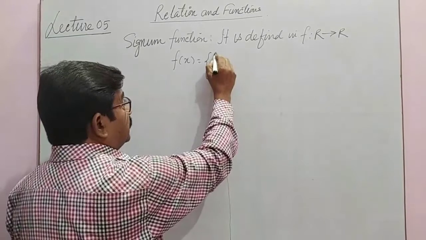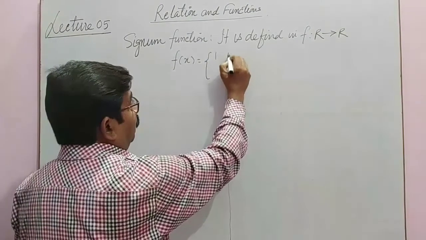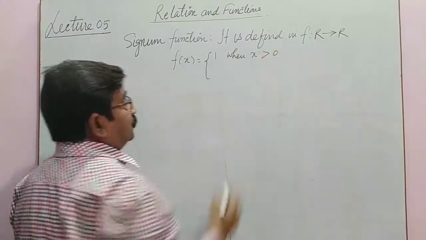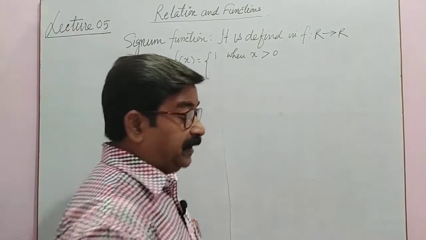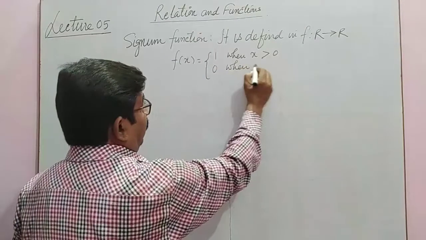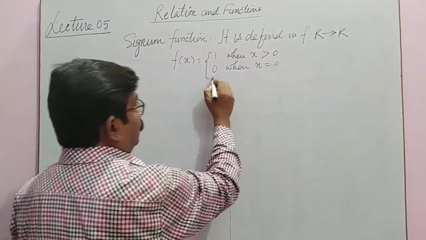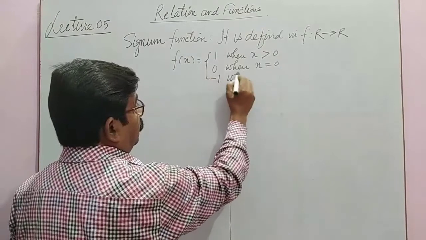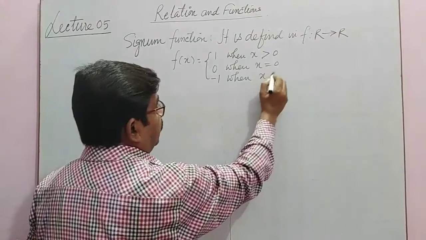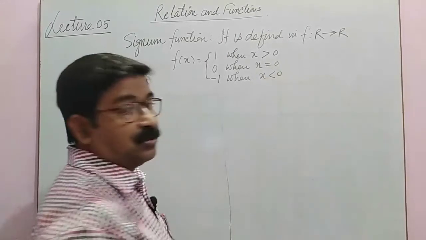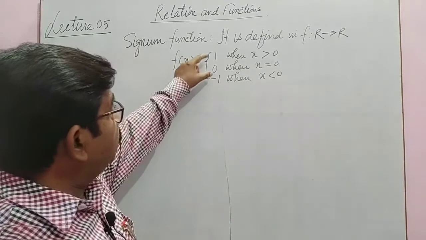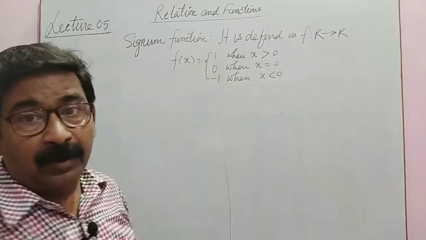If we take f(x) equal to 1 when x is greater than 0, 0 when x is equal to 0, and -1 when x is less than 0. So see, in this function there is no variable.